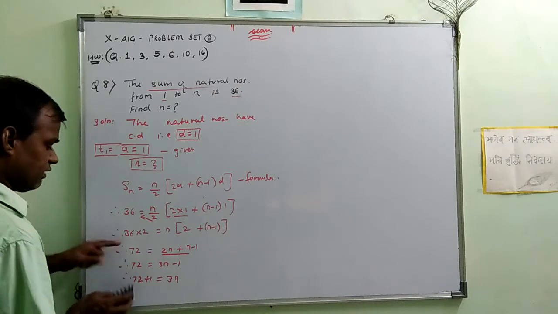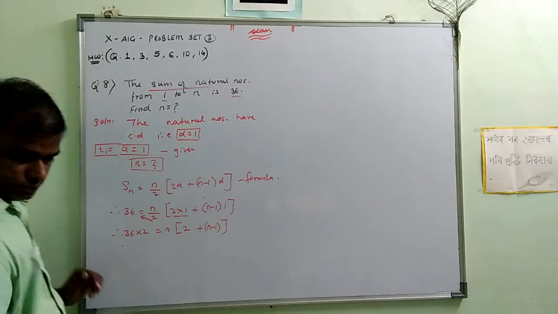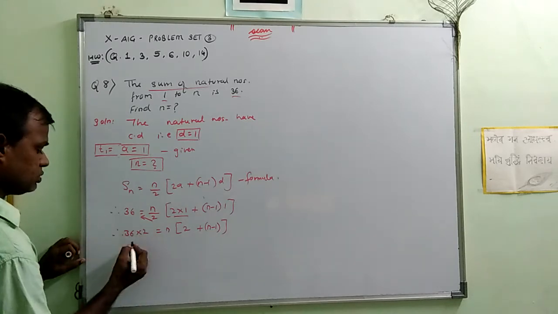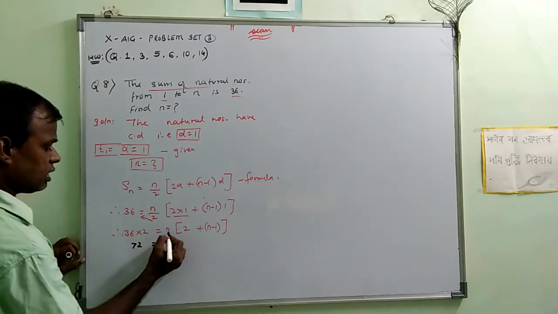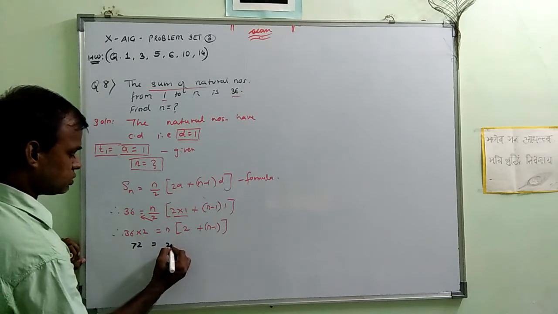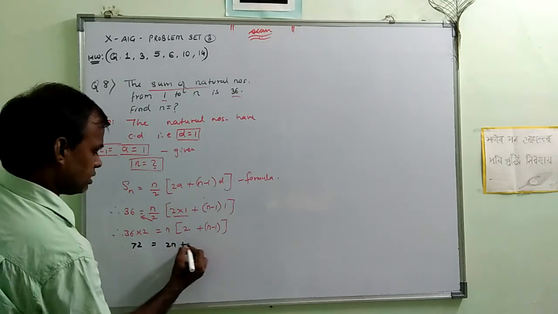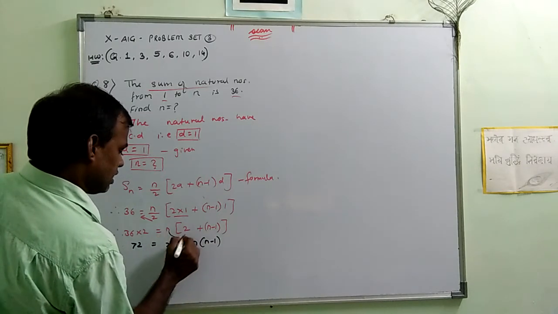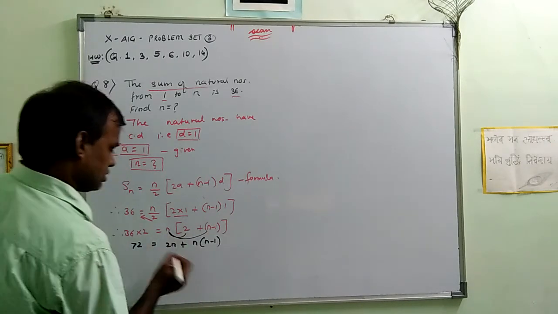Okay, from here we have made a mistake. 36 into 2 is 72. N into 2 becomes 2n plus n into n minus 1. This will multiply with this, and then this will multiply with this.